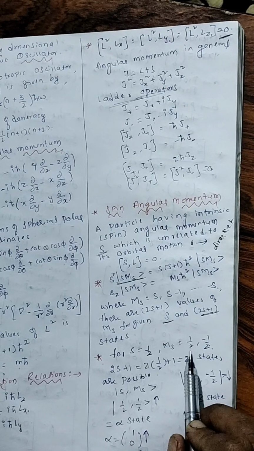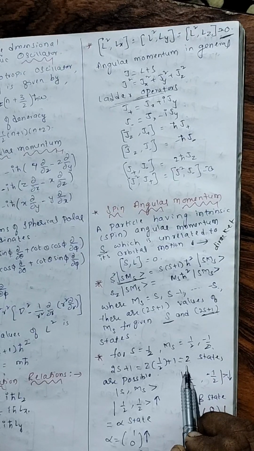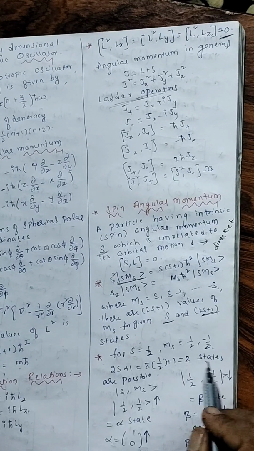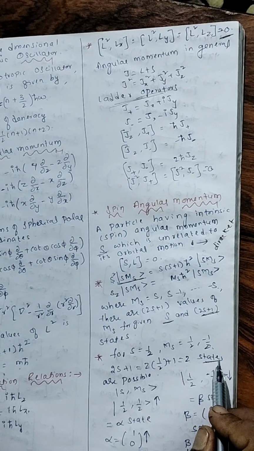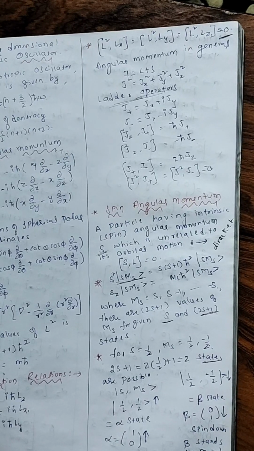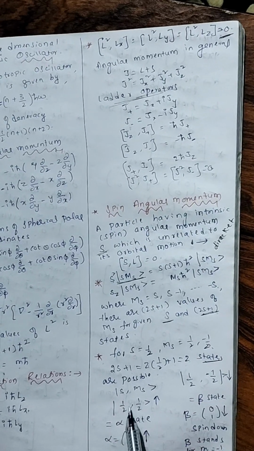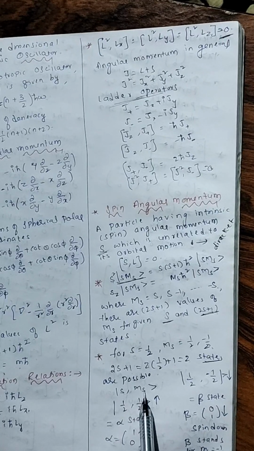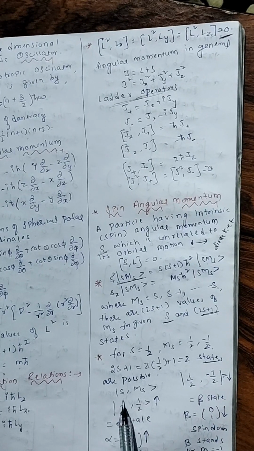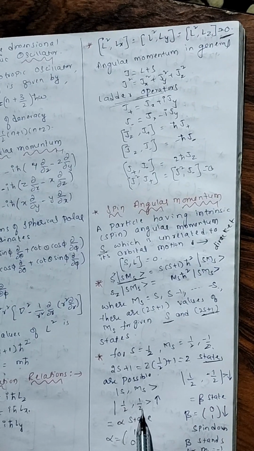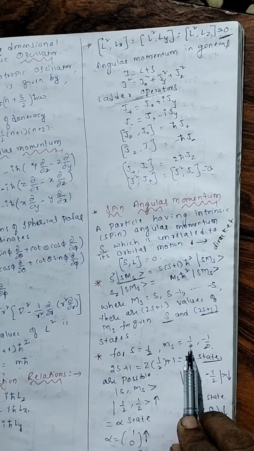That means 2 possible states are there for the spinning of a particle. Now Dirac-Ket S comma Ms, we write it as 1 by 2, 1 by 2, two combinations: 1 by 2, 1 by 2 and 1 by 2, minus 1 by 2.